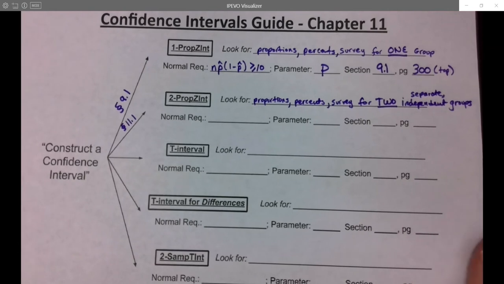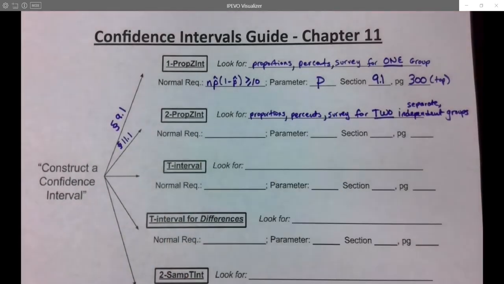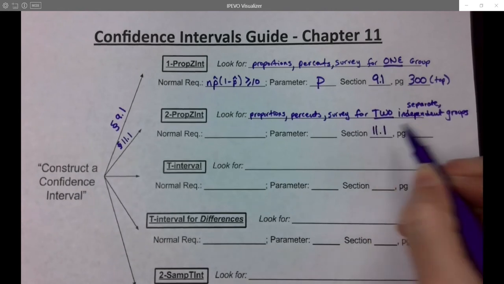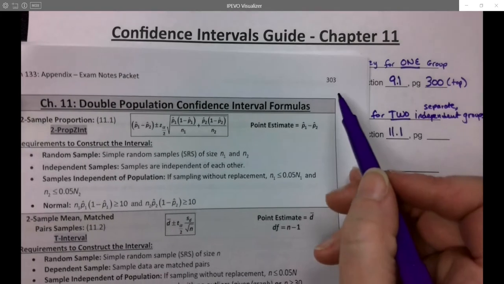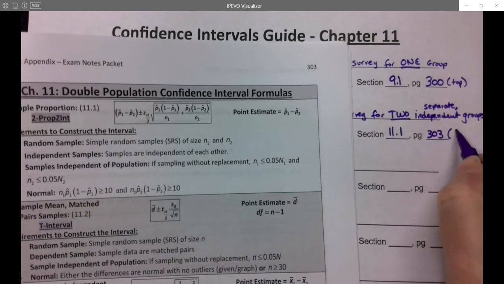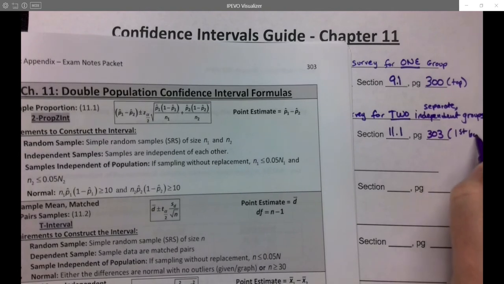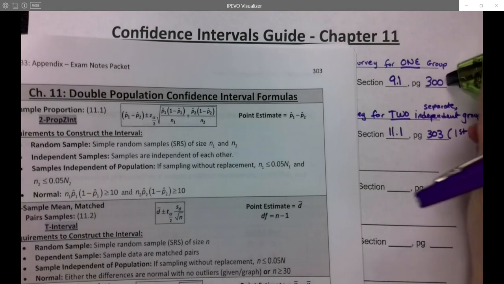All right, so now down here for the one for two proportions, this was section 11.1, and so it's on page 303 at the top. Right, it's the first box, I guess I should say. And same here, it's the first box on that page.